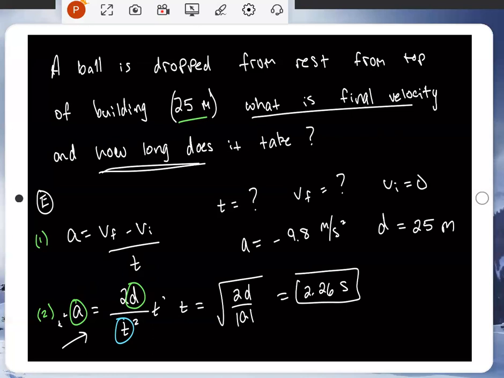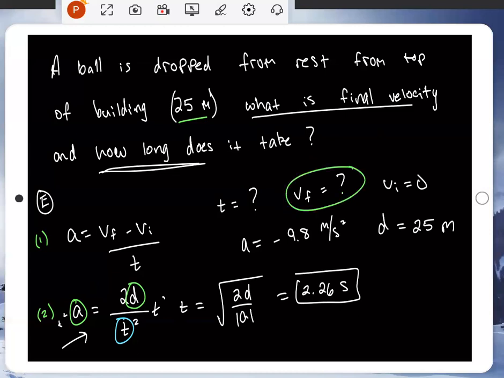Okay. And then what do we have to do? Or are we done? They still want this, right?